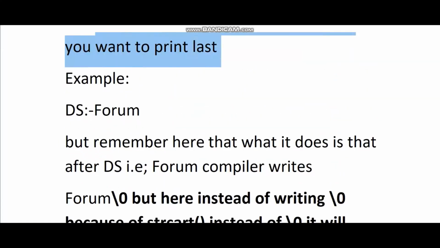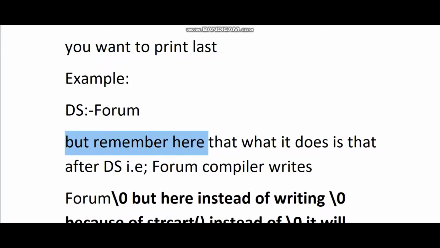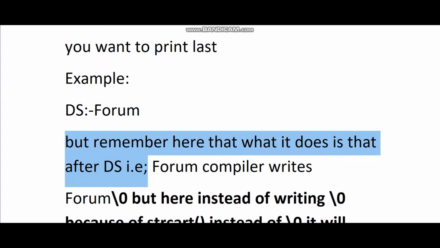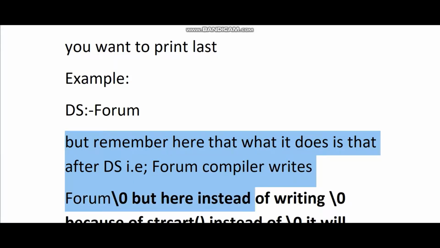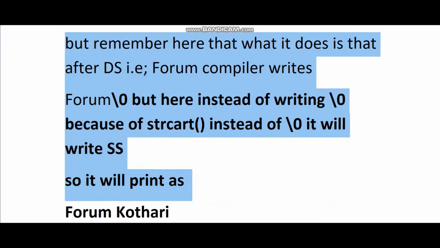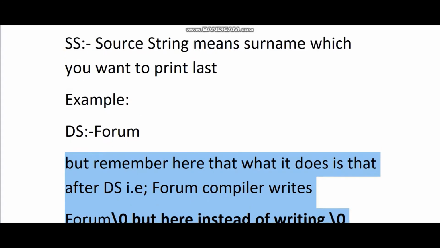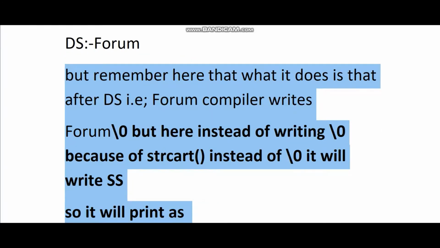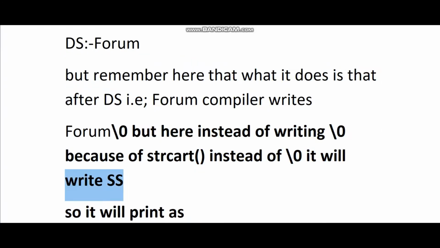But remember this thing: after the destination string, that is forum, the compiler writes forum slash 0. But here, instead of writing slash 0, because of strcat, it will write the source string. As you have watched my previous video, in that I taught you that after writing any word of a string, the compiler automatically adds a slash 0 after the string ends.